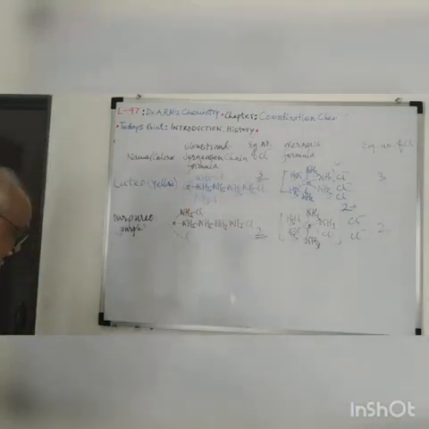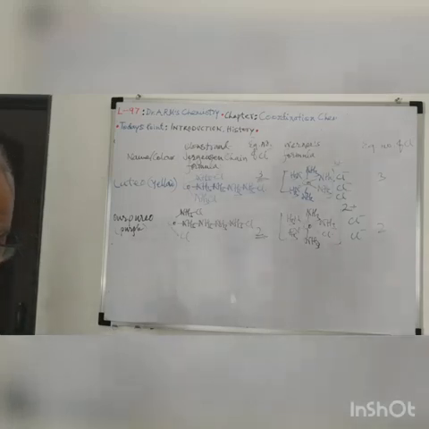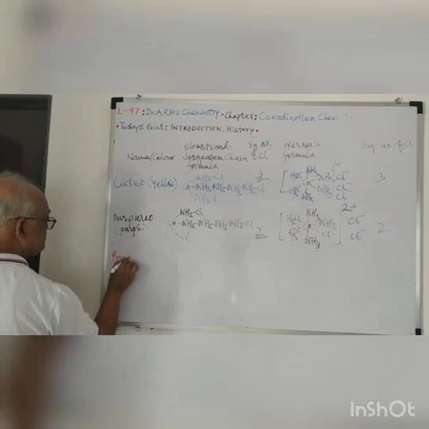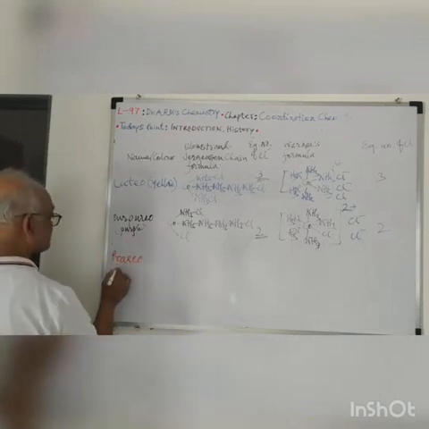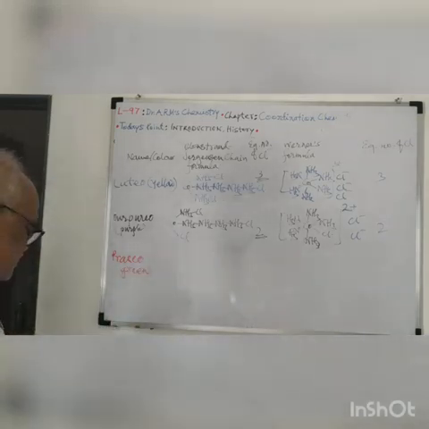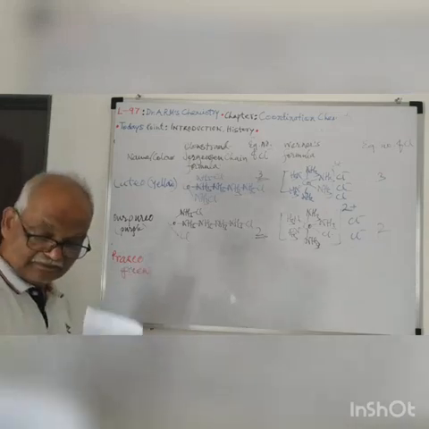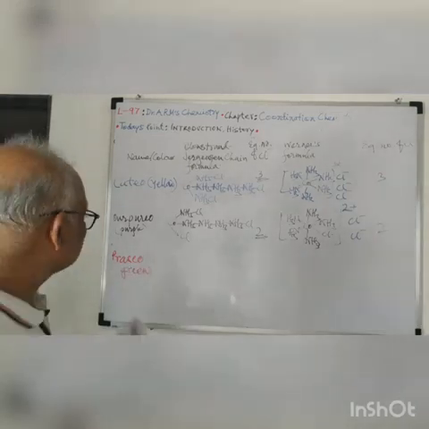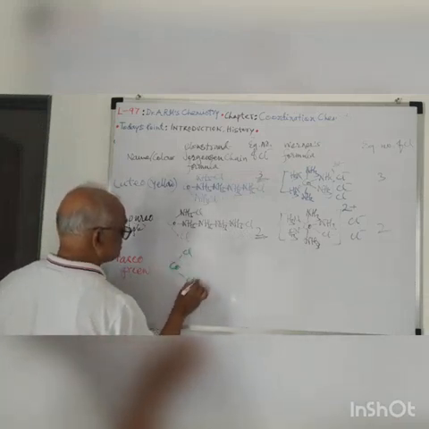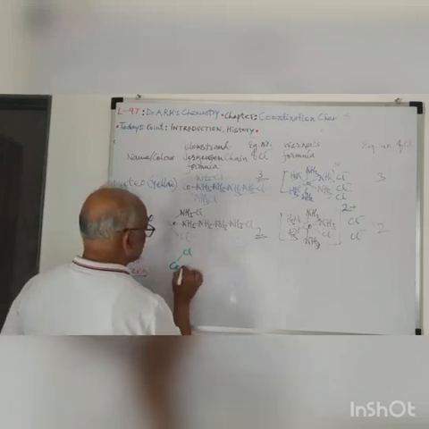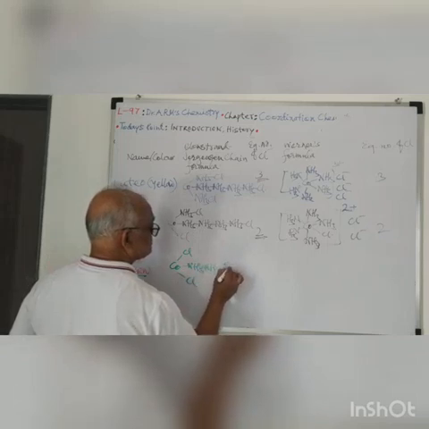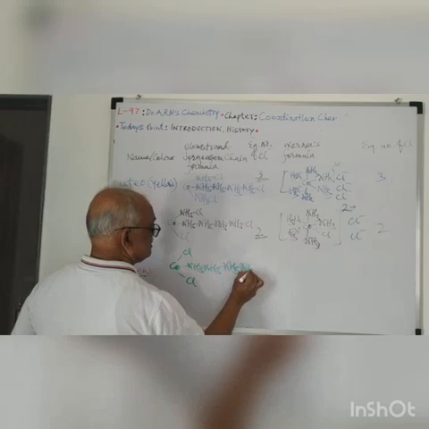Then the next compound is Praseo, and it is green in color. So it has a structure like this: Co, Cl, Cl, then NH3, NH3, NH3, NH3Cl.